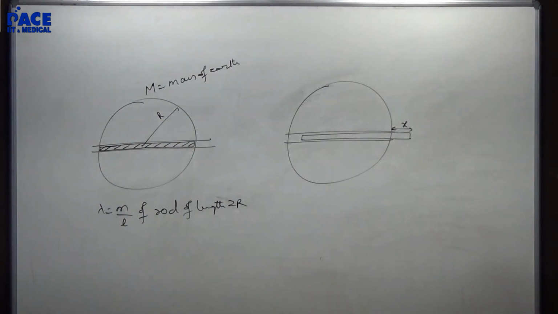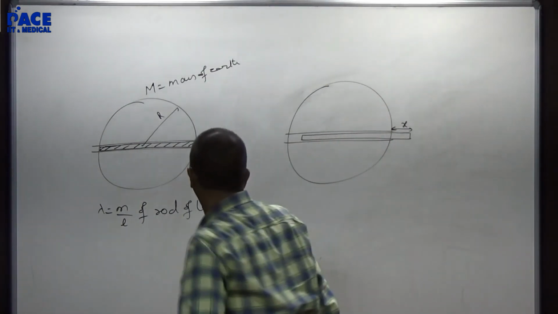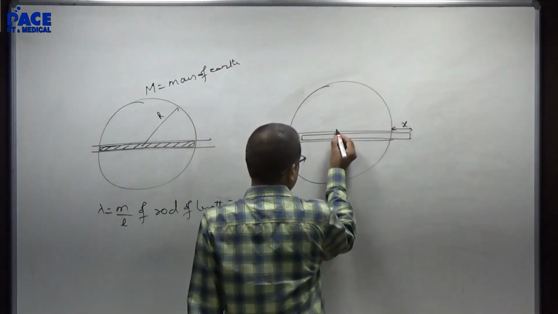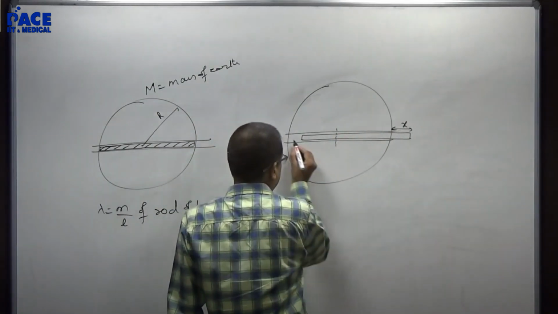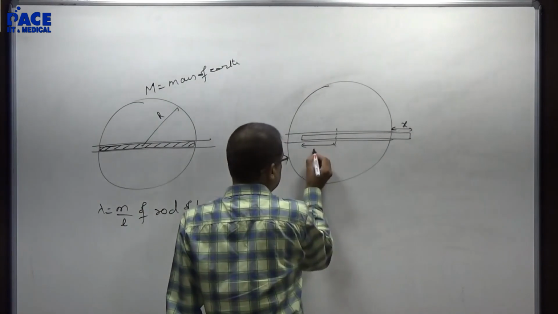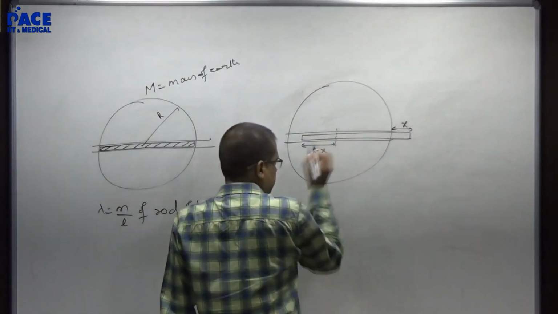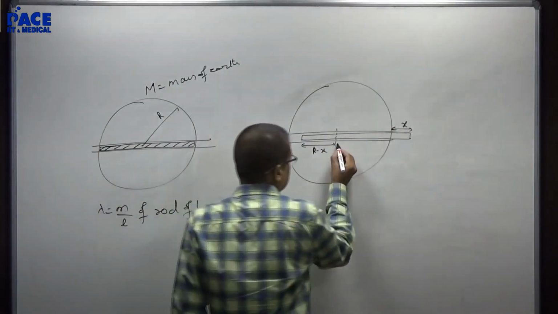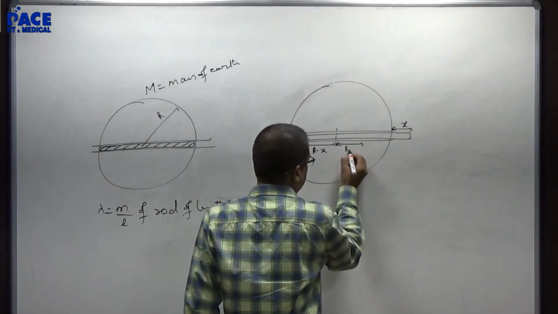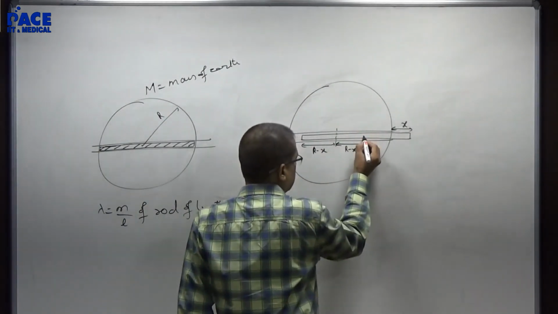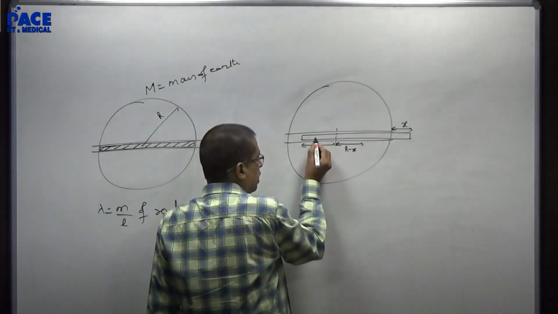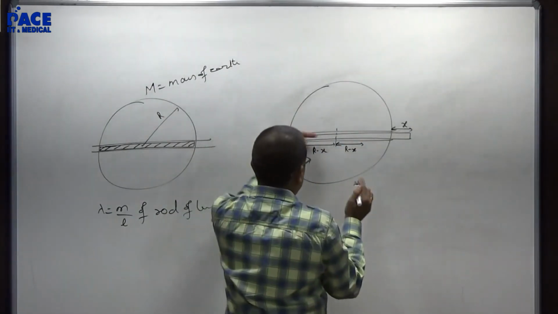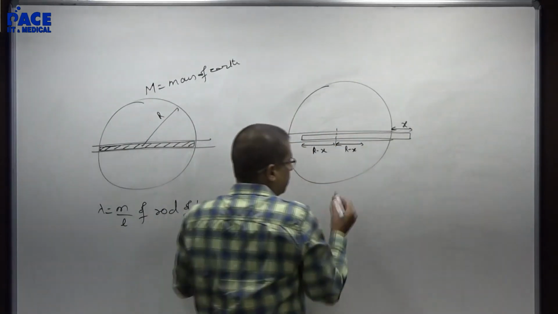Listen, I'll give you a hint. Everyone listen. At the center, this distance is r minus x. Agreed? To a distance of r minus x, the force on this part and this part will get cancelled out, because on this the field varies as r inverse and on this as r inverse.